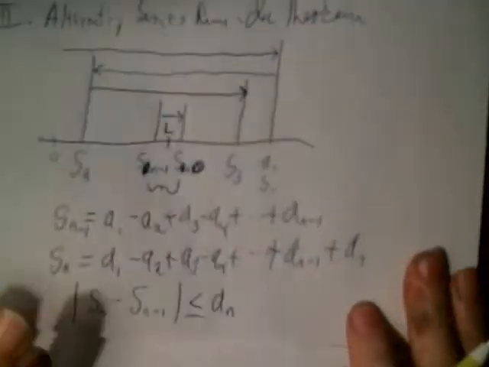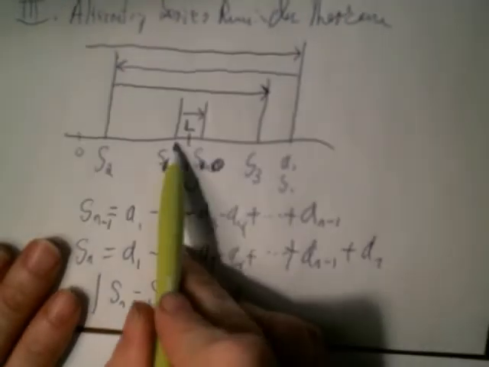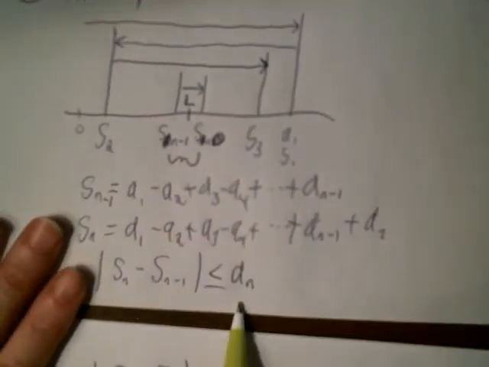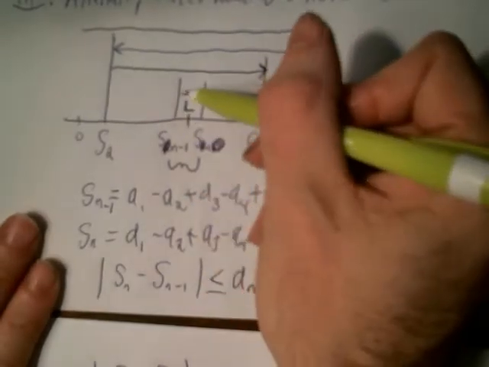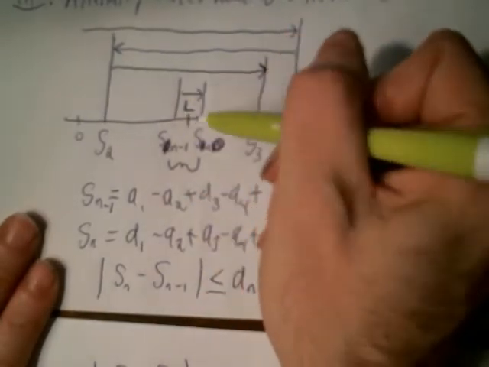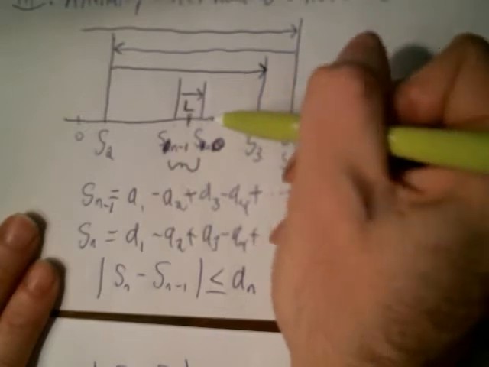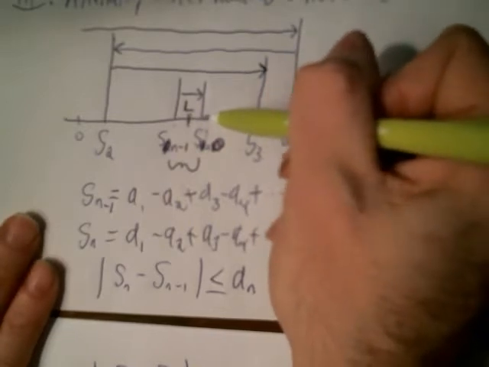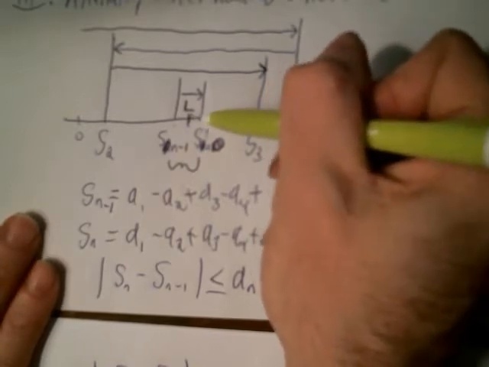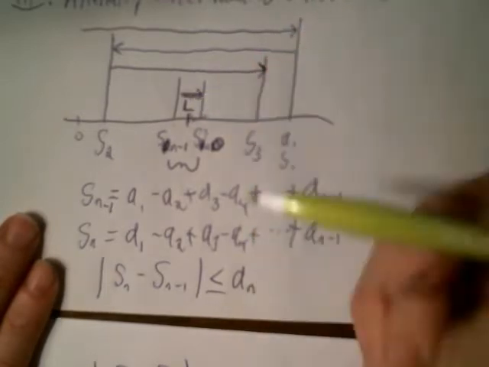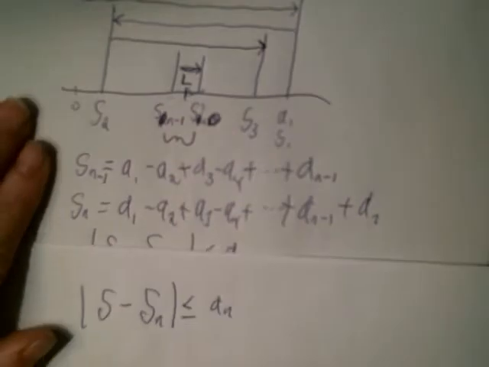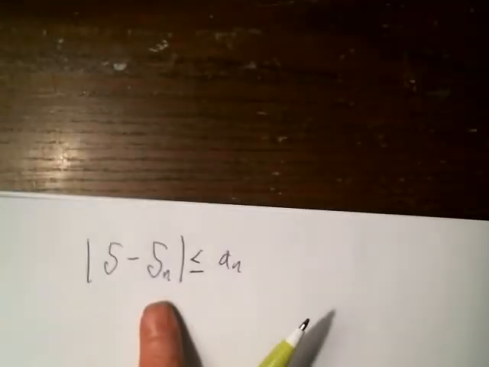So again, what am I saying? The distance from s sub n to L, this little distance, is less than the distance traveled to get to the next term in the sequence of partial sums. So this is the statement we're working with.